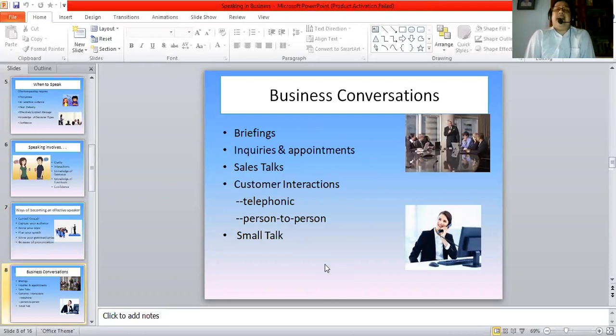Now, what are the different types of business conversations taking place in the workplace context? There are briefings or short speeches that we have to give, which are a kind of summary, or which involve giving or posting brief summaries about information that is important, like a briefing about the launch of your new outlet in Kolkata, or a briefing about air traffic and the problems that your clients are having in coming to and fro to Kolkata from other business destinations like Hyderabad and Mumbai in India.